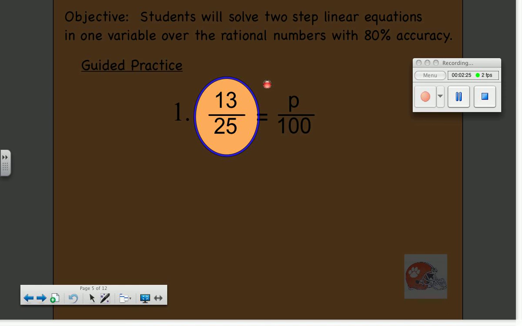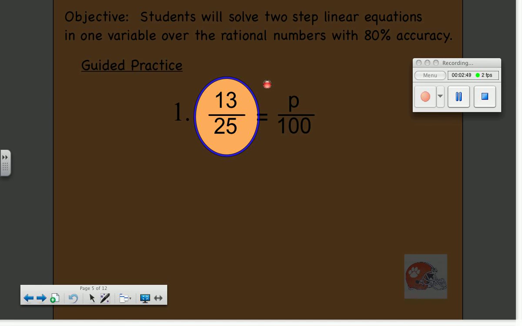If I have $25 and I spent $13, what's the percent that I spent? Or if I have $25 and I have $13 left, what percent do I have left? So what we're finding out is what percent is 13 out of 25.